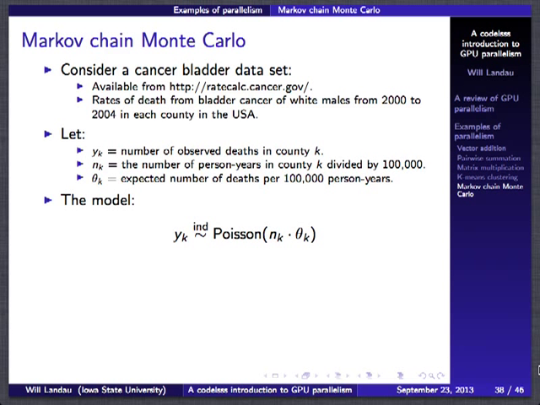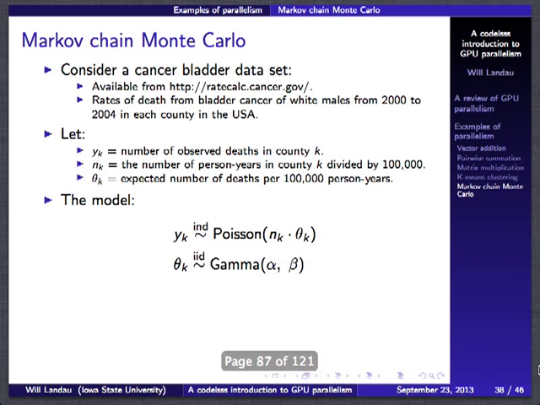So we want to estimate the theta k's, and to do that, we would first specify a model where each y sub k comes from a Poisson distribution with this expectation, and all the y sub k's are independent. Now, in reality, this should actually be a spatial model where they're not independent, because location should matter based on external factors that affect the incidence of cancer and different demographics in each county. But we're going to assume they're independent.